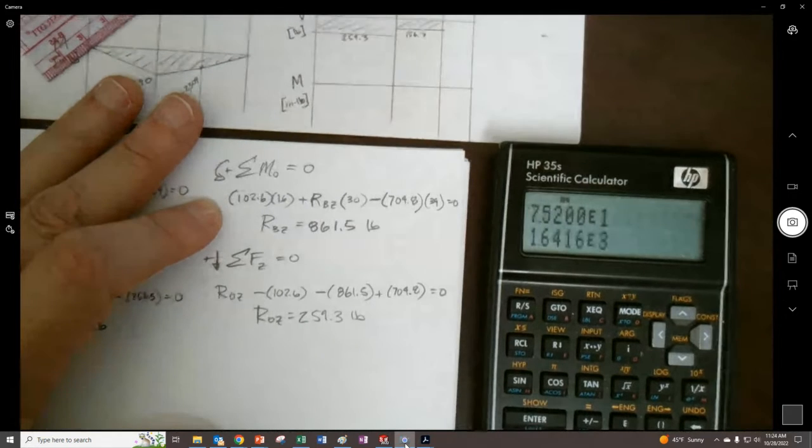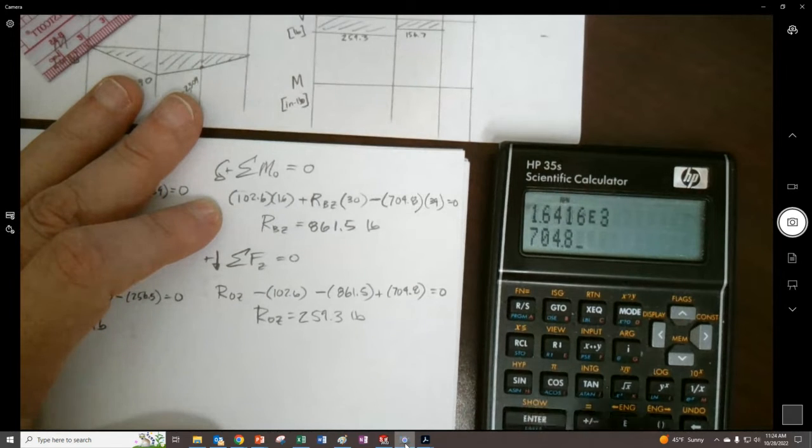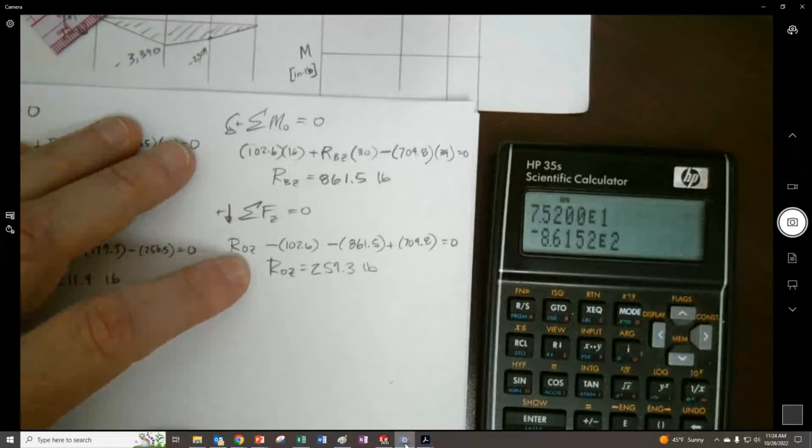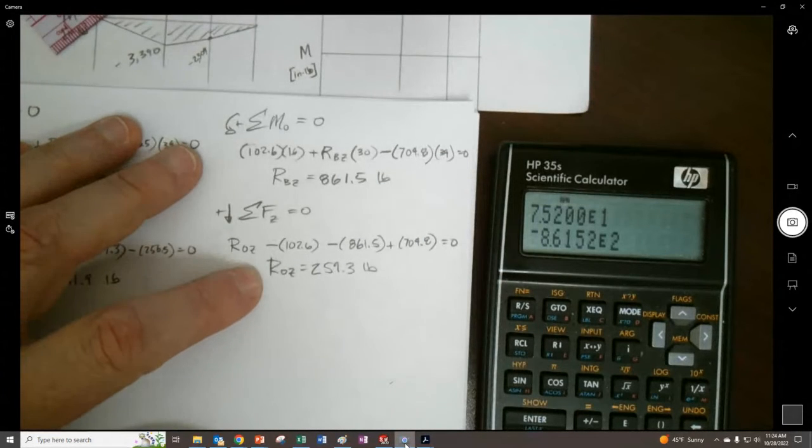That happens. 4.839 times, subtract out, we get 30 divided 861.5. I believe that's true. And then we have 102.6. Subtract out, and then subtract out our 704.8.